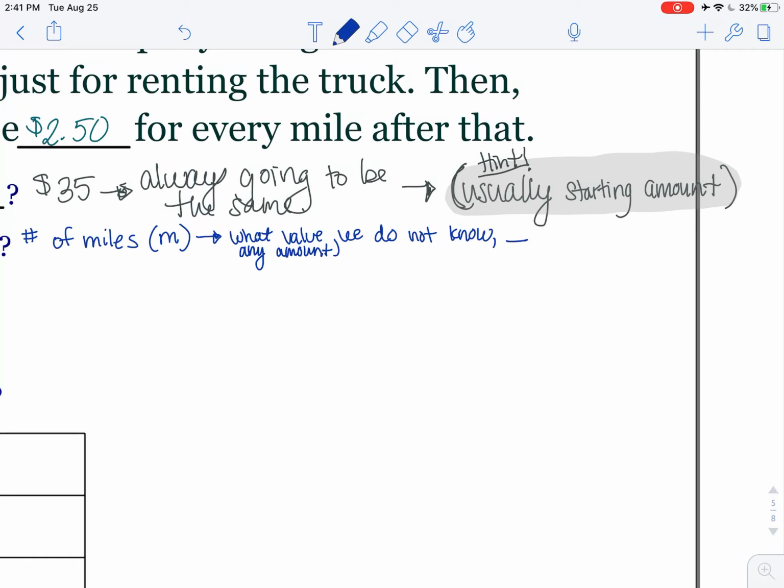And here's my hint to finding the variable. It's always going to be the number of something. So if you're looking in a word problem for what's going to be your variable, you're going to look for, what am I missing the number of?